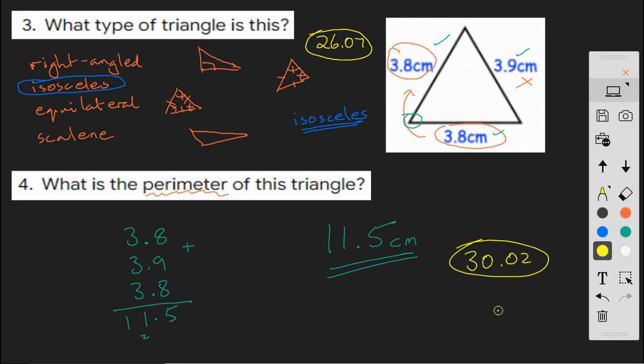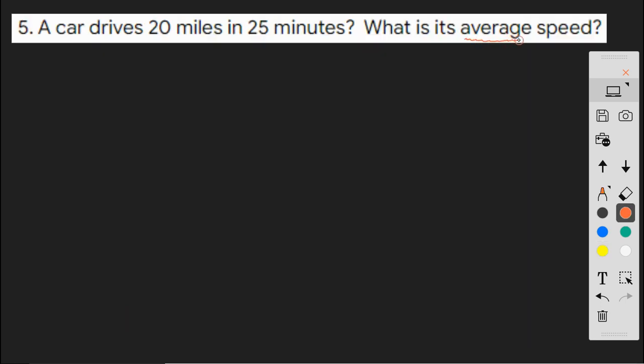30.02. Okay. Now I'm going to come back to average here because we talked about averages in question 2. That was all about mean, mode and median. And you will sometimes see students try and do a average calculation with the numbers that are in this question.